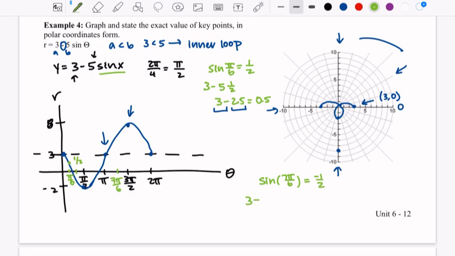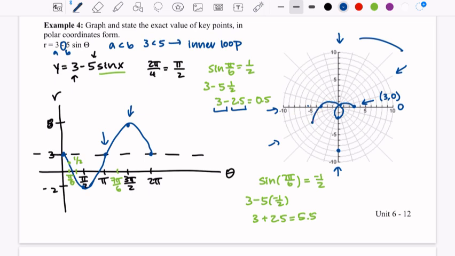So we would have had 3 minus 5 times -1/2. That's 3 plus 2.5, which is 5.5. So for this here, we are at 5.5 as our radius. So that would be here.